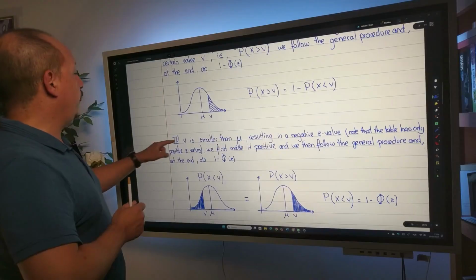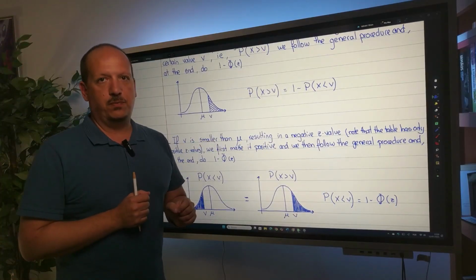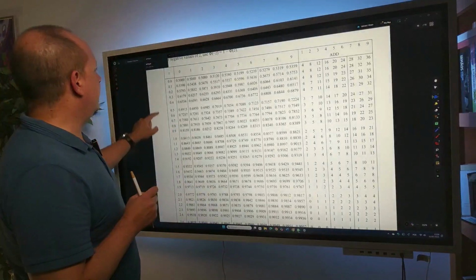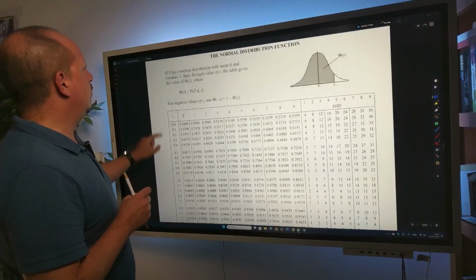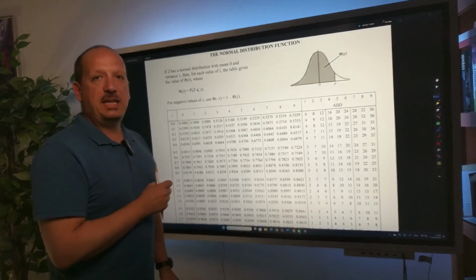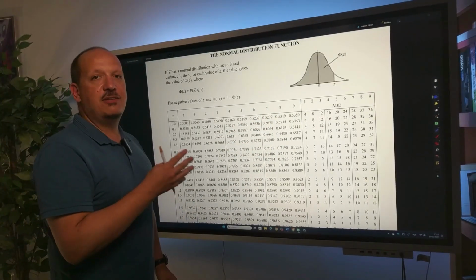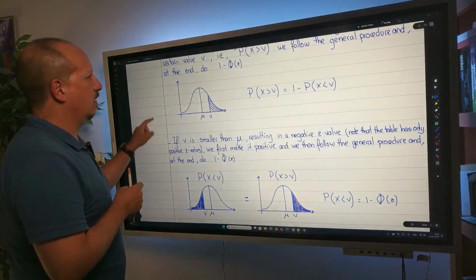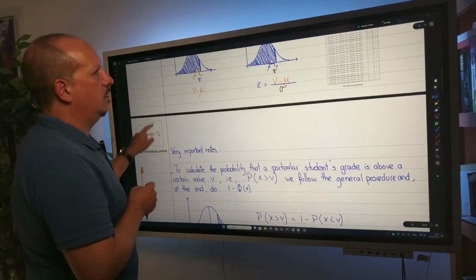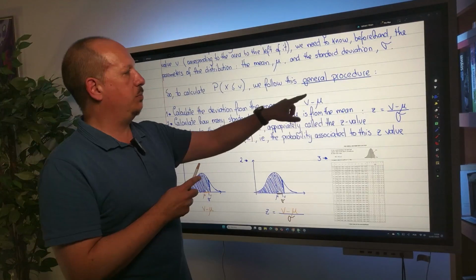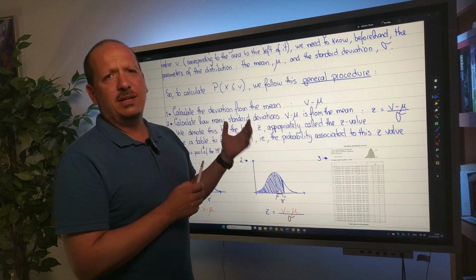Let's say that v is smaller than the mean. The z-value needs to be positive. If you look at the way it is calculated, it is calculated by doing v minus the mean, so you assume that v is bigger than the mean. What if it is not?